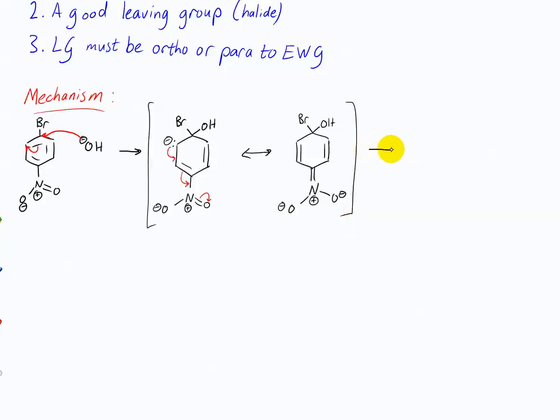So then, in the final step, you have the electrons coming back down and kicking off the leaving group. So you regain aromaticity, the leaving group leaves, and you've got your product.